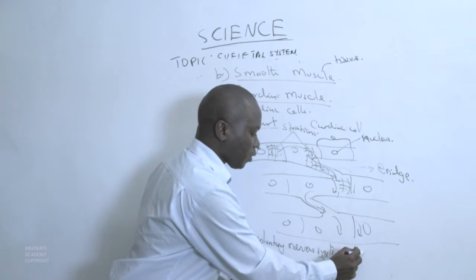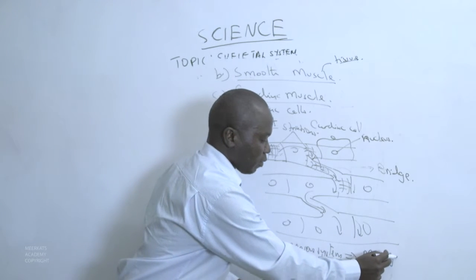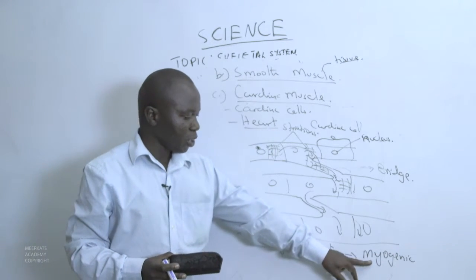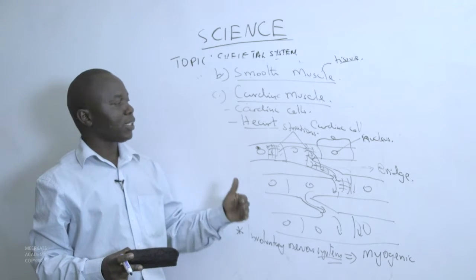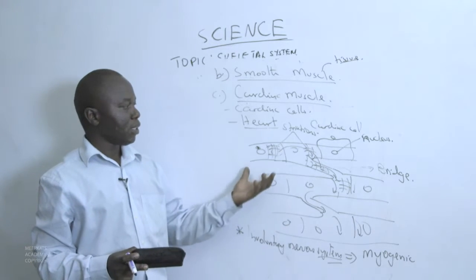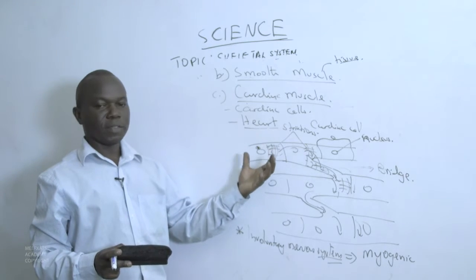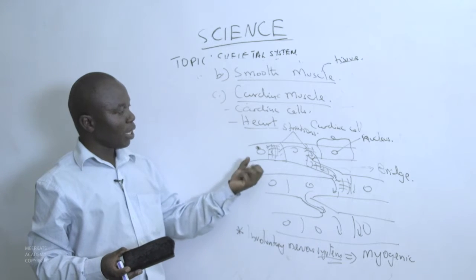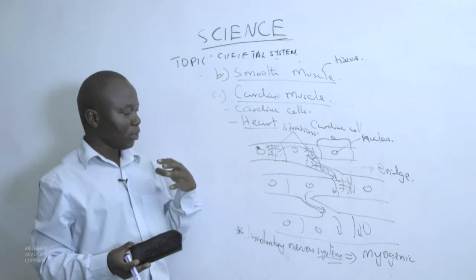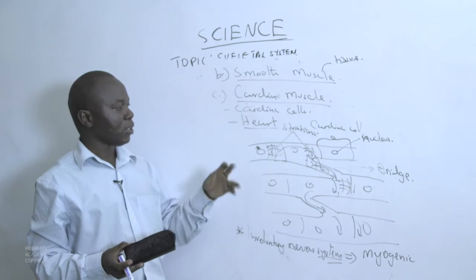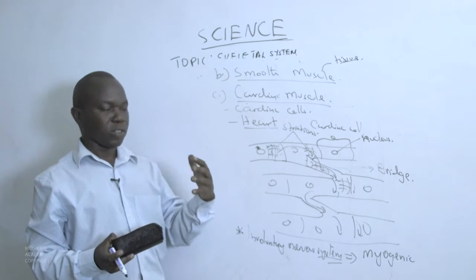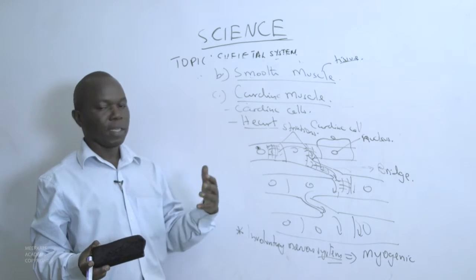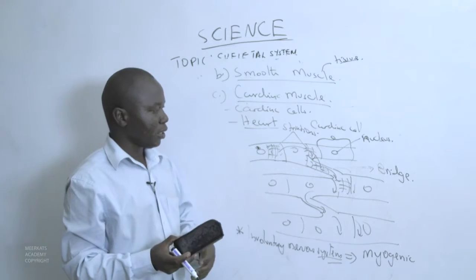Because it originates from the heart muscle itself, it is called myogenic. That's why if you pick a heart from an animal that has been killed some few minutes ago, you will see the contraction and relaxation, because it does not need a stimulation from somewhere else, it is within the heart muscle itself.